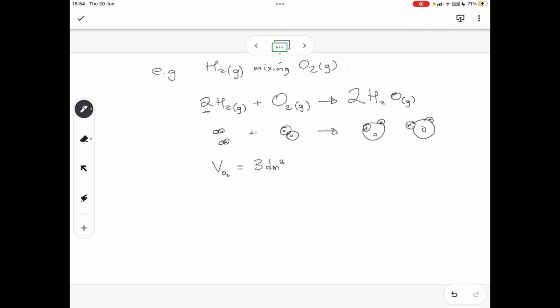After we balance it, we find that we've got these coefficients 1 and 2 on either side. So in other words, we've got 2 moles here, 1 mole, and it gives us 2 moles. Now if we're given the volume of oxygen as 3 liters, what's the volume of water that is produced?